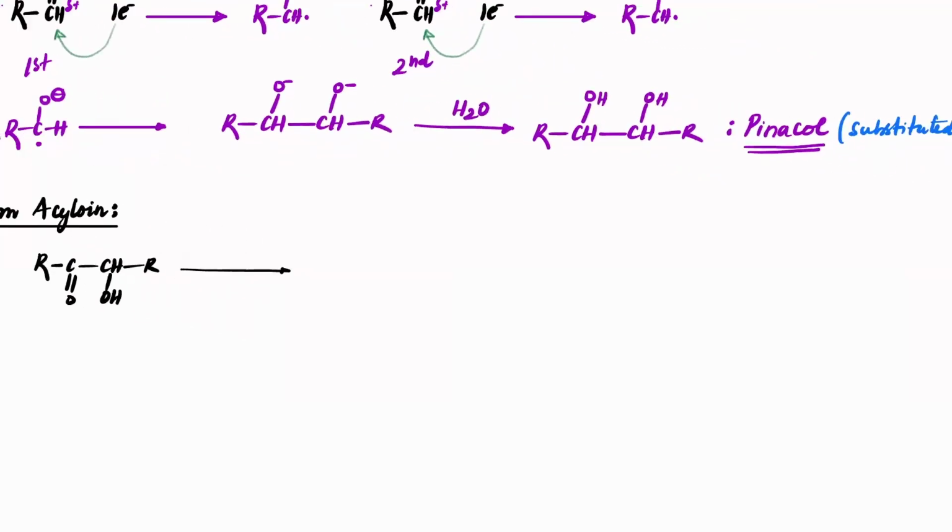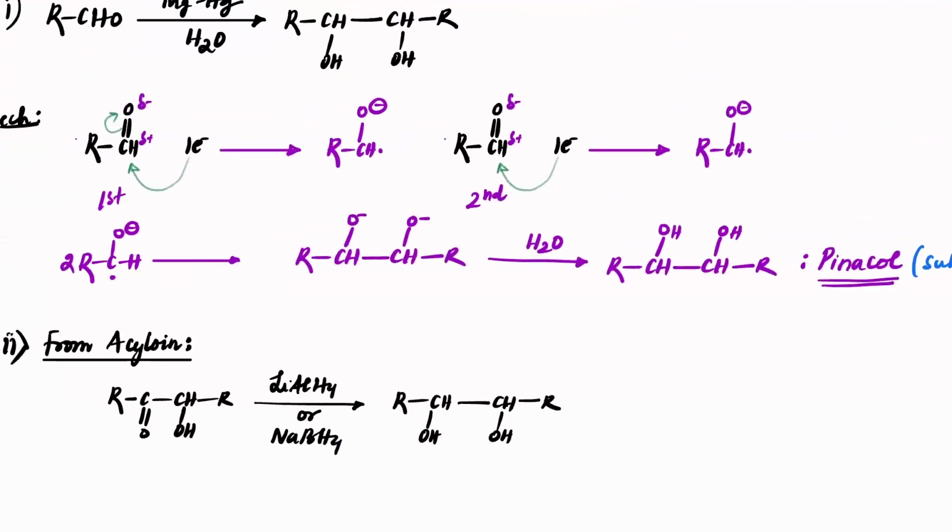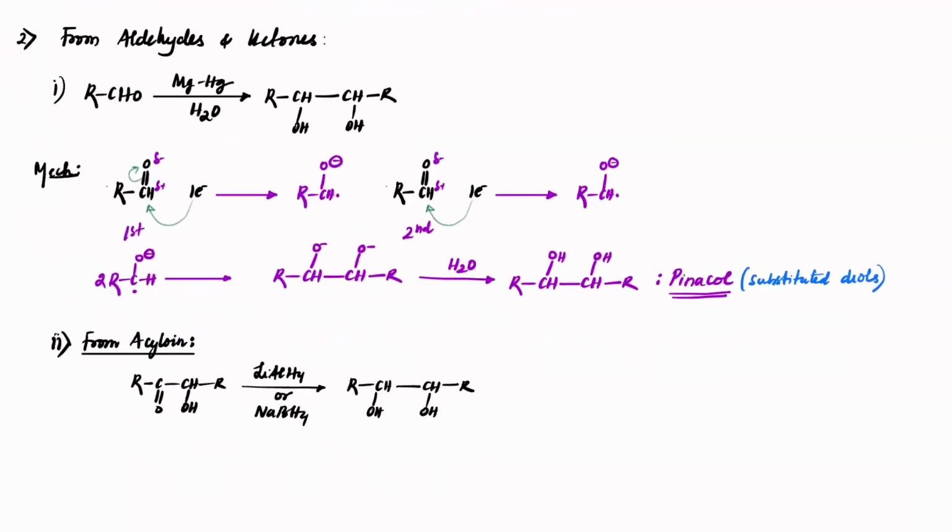When you react this with lithium aluminum hydride or sodium borohydride, we know that they will reduce the aldehyde or ketone into alcohol. That's how you'll get the diols here. So mainly these two are the reactions by which you can get diols.